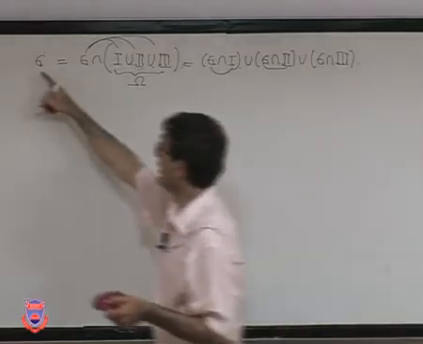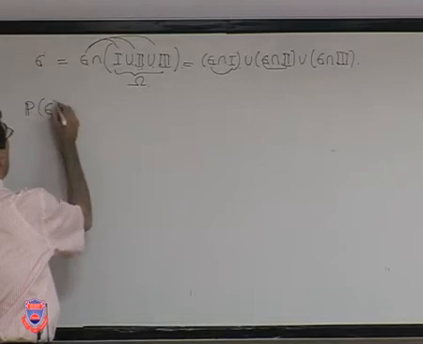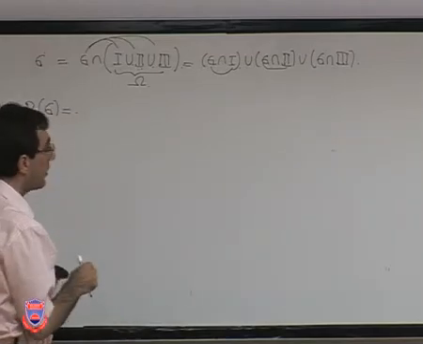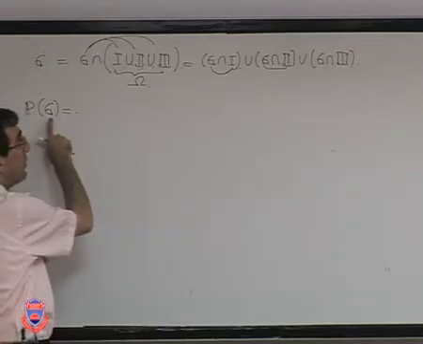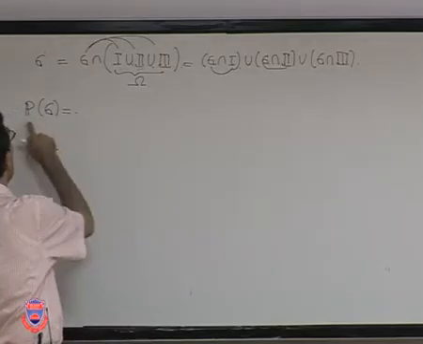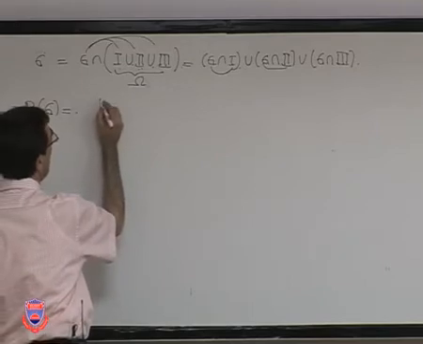And the event G for which you would like to calculate the probability can then be written as what? We will again use the axiom of probability, which says that whenever you have an event G which can be written as the union of disjoint events, its probability is going to be just the sum of the probabilities of those pairwise disjoint events.